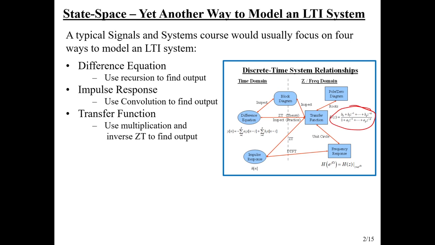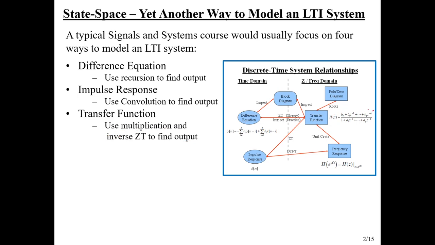And for analysis, that's pretty much what we use it for, to think about how the system is going to work. So we use multiplication between h of z and x of z to get the z transform of the output, and then do the inverse z transform to find the output. That's for all analysis. And often we don't even really do that multiplication, let alone do the inverse z transform.